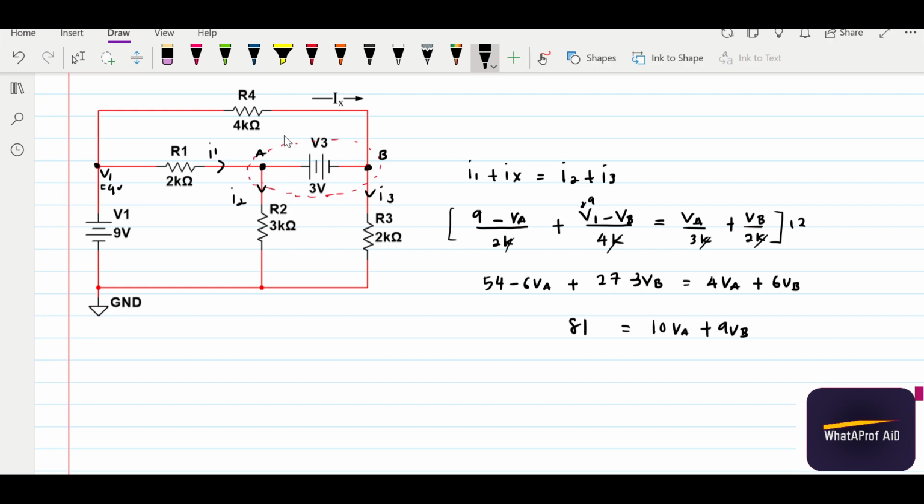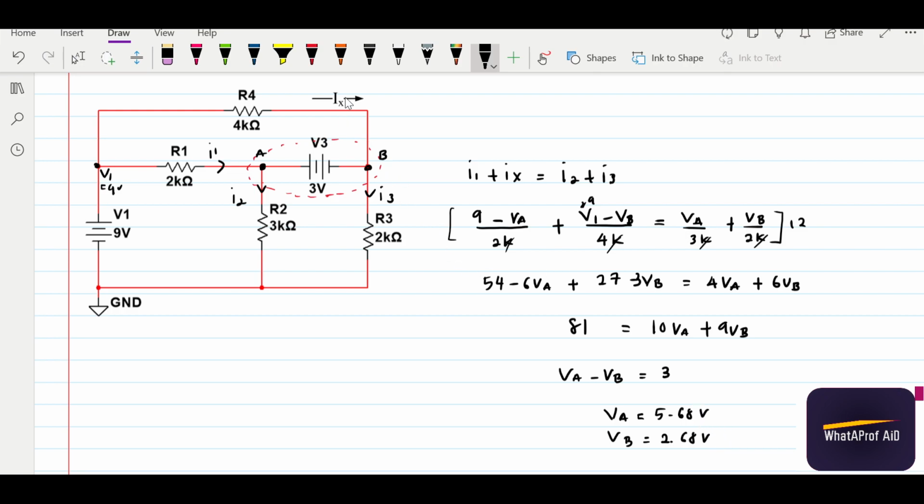A second equation from this node: the voltage difference between node A and node B, VA minus VB, is actually 3. So here we can use simultaneous equations to find VA and VB. So VA we will get as 5.68 volt and VB as 2.68 volt.